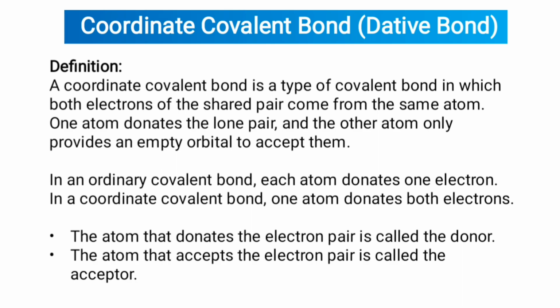In an ordinary covalent bond, each atom donates one electron. In a coordinate covalent bond, one atom donates both electrons. The atom that donates the electron pair is called the donor, while the atom that accepts the electron pair is called the acceptor.